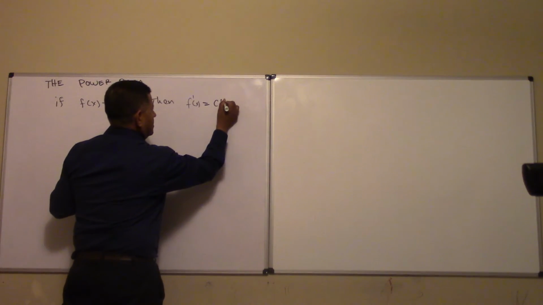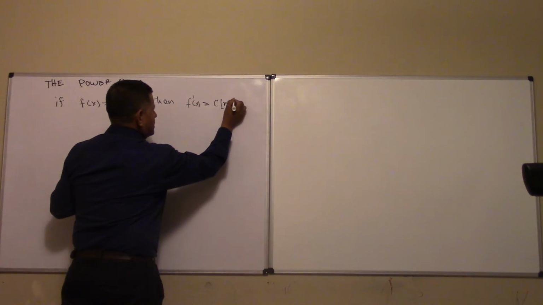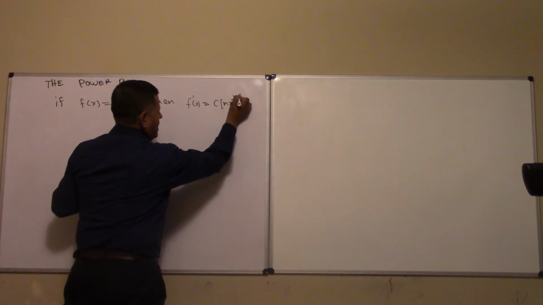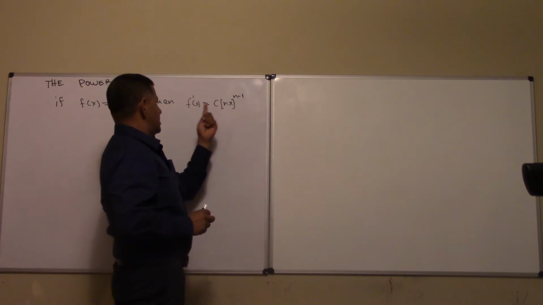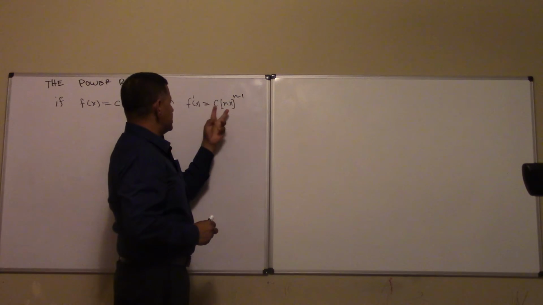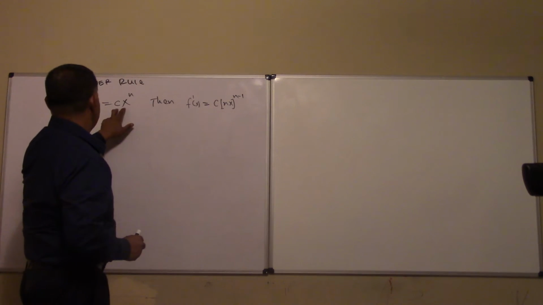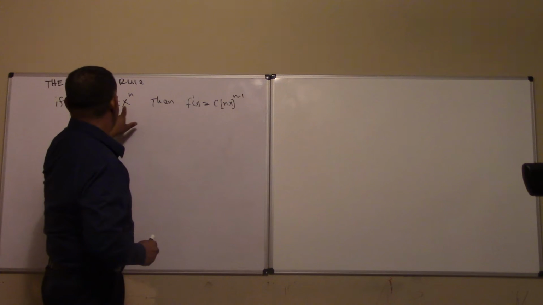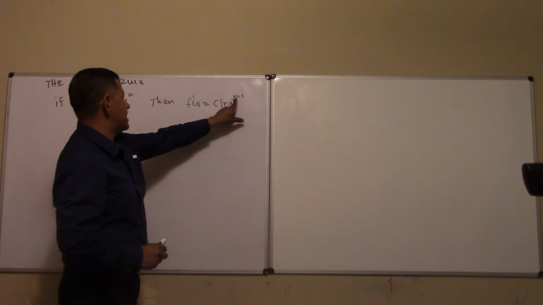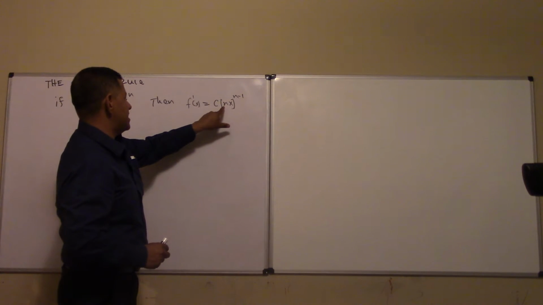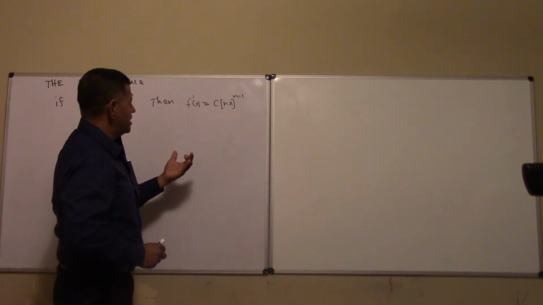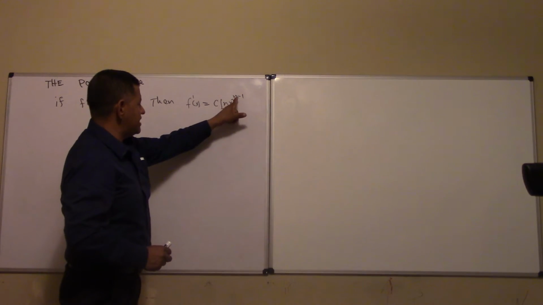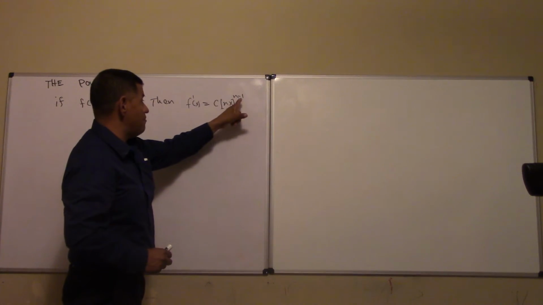c n x to the n minus 1. In other words, if c is a constant times x to the nth power, then the nth power comes in front of the x and gets multiplied by the constant, the coefficient, and then x is raised to the power n minus 1.